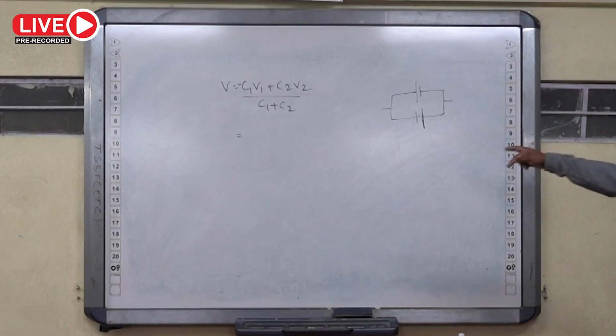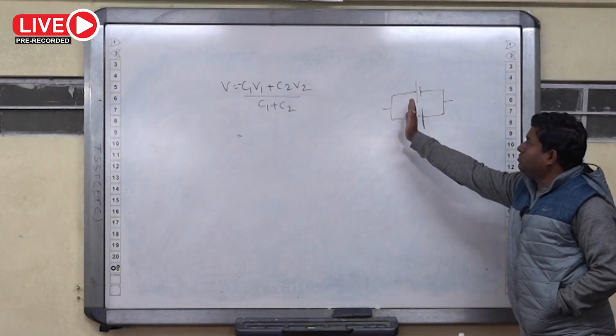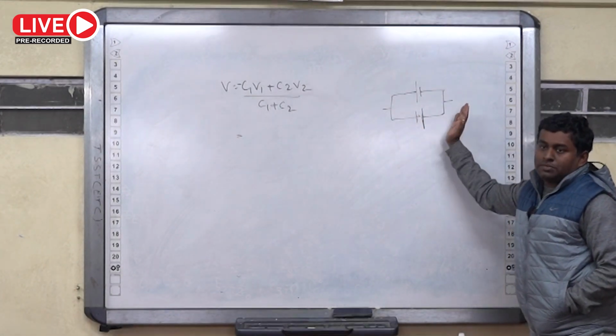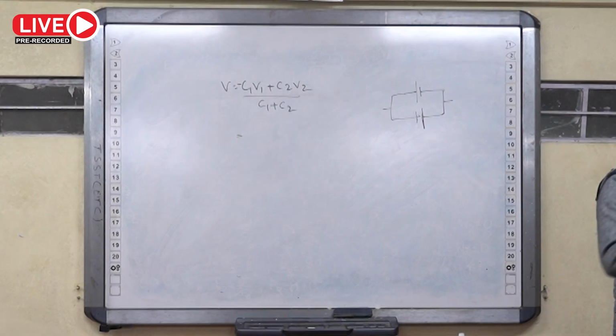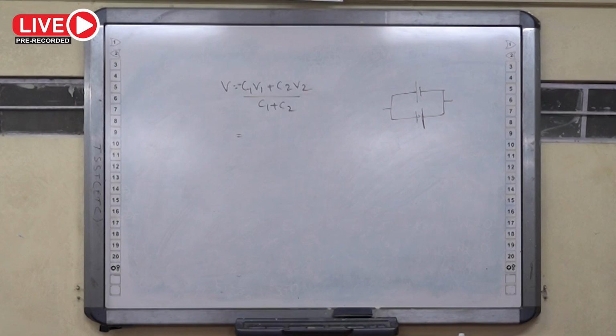Both the signs will be plus if the polarity on both are positive on the left, both are negative on the right. Then it will be C1V1 plus C2V2 by C1 plus C2. But here polarity is reversed for the other, so that's why minus C1V1 plus C2V2 by C1 plus C2.